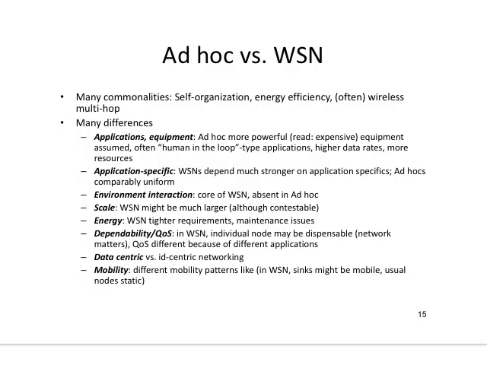So as a quick comparison between ad hoc and wireless sensor networks, there are many commonalities. There are many common grounds in ad hoc and wireless sensor networks. Again, ad hoc facilitates bits transfer, just normal traffic. Whereas wireless sensor networks facilitate answering questions or capturing environment characteristics.